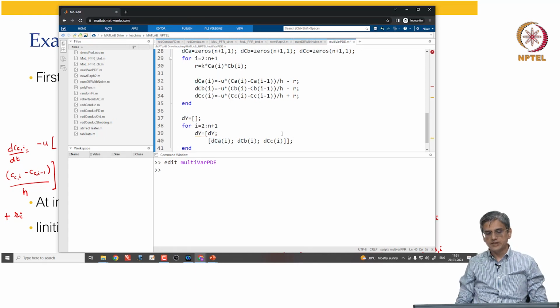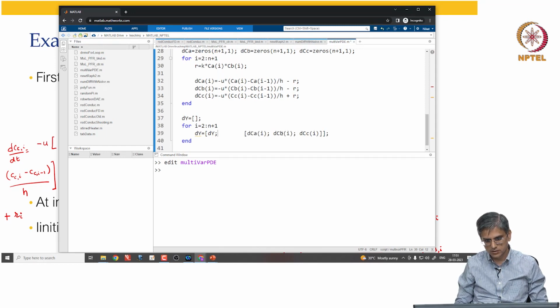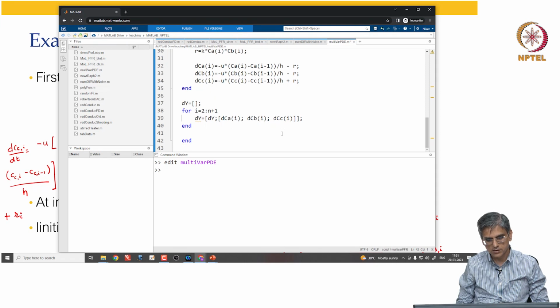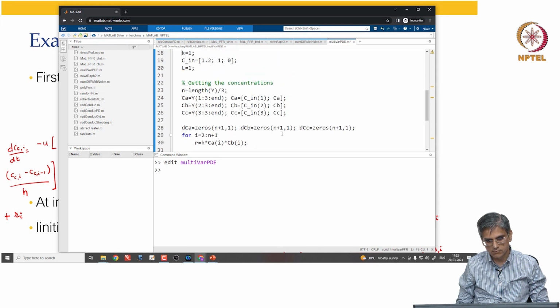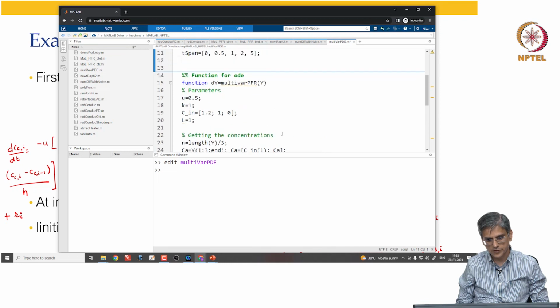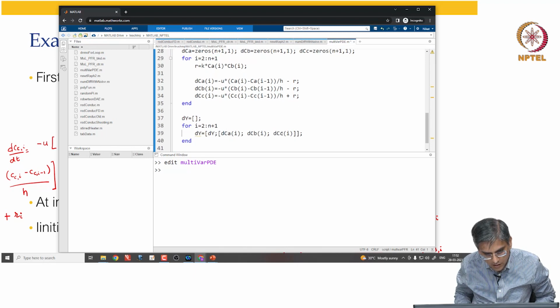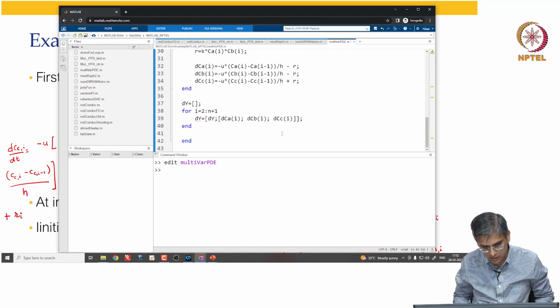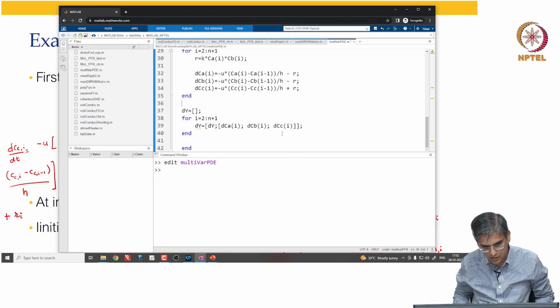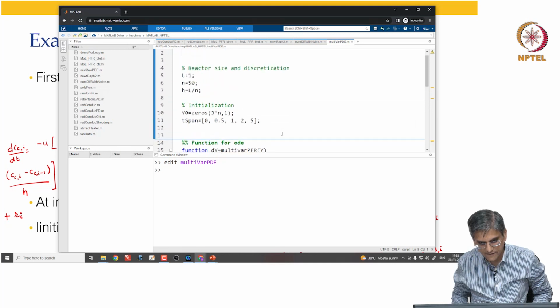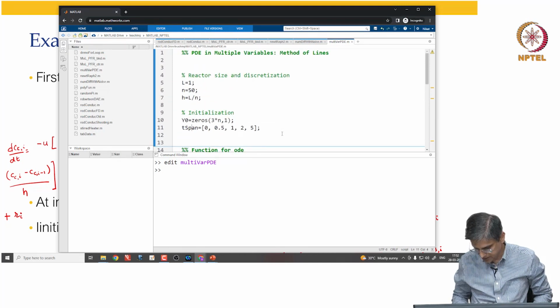This is what we will get. Let us delete this. So that is the function.